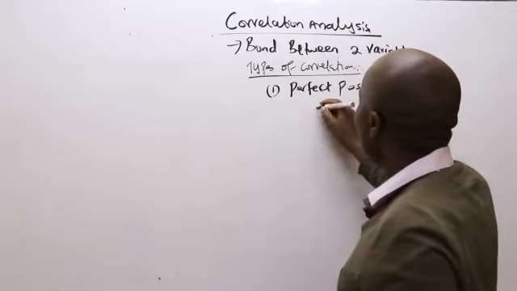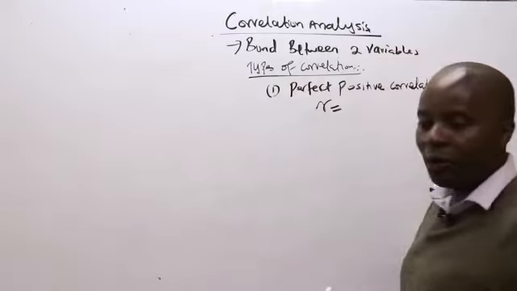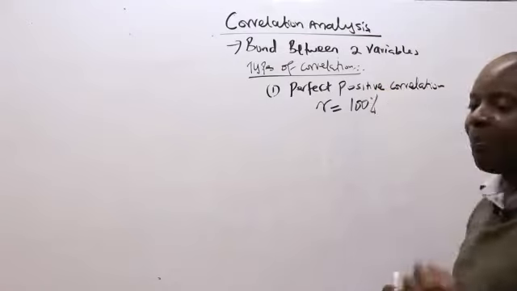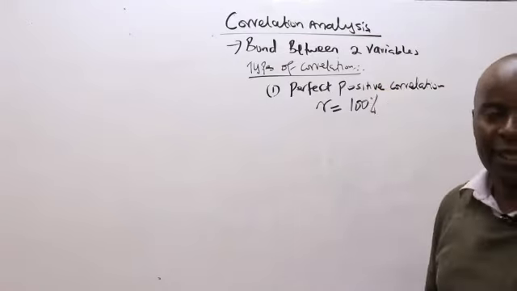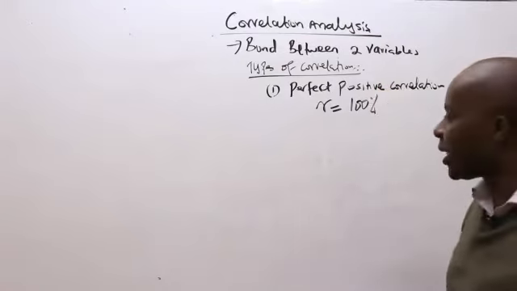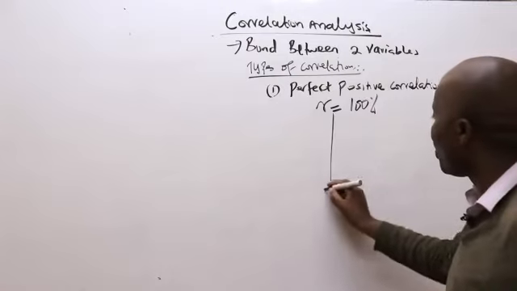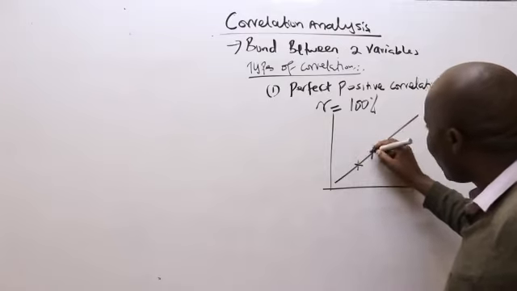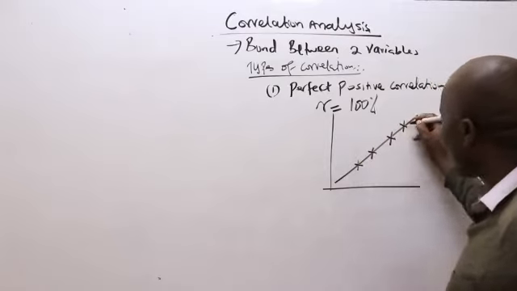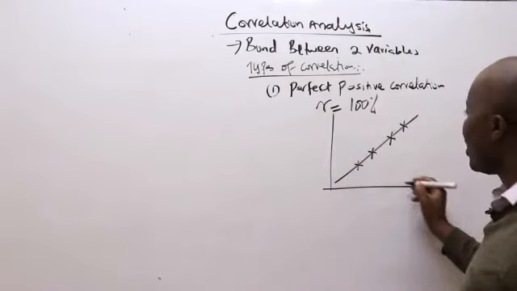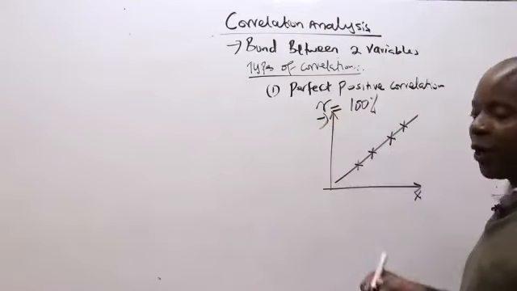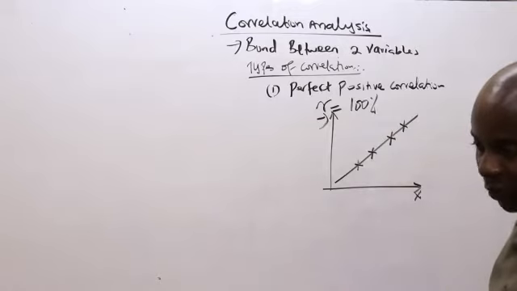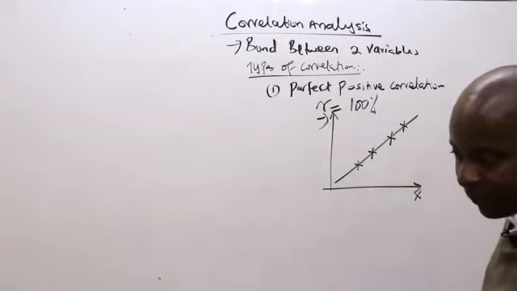This normally exists whenever our R is exactly equal to what here, somebody? Positive 100%. So the relationship is perfect. This can only happen when your line of best fit goes through all the points. It is a positive relationship: as X increases, Y is also increasing in a perfect fitting way.